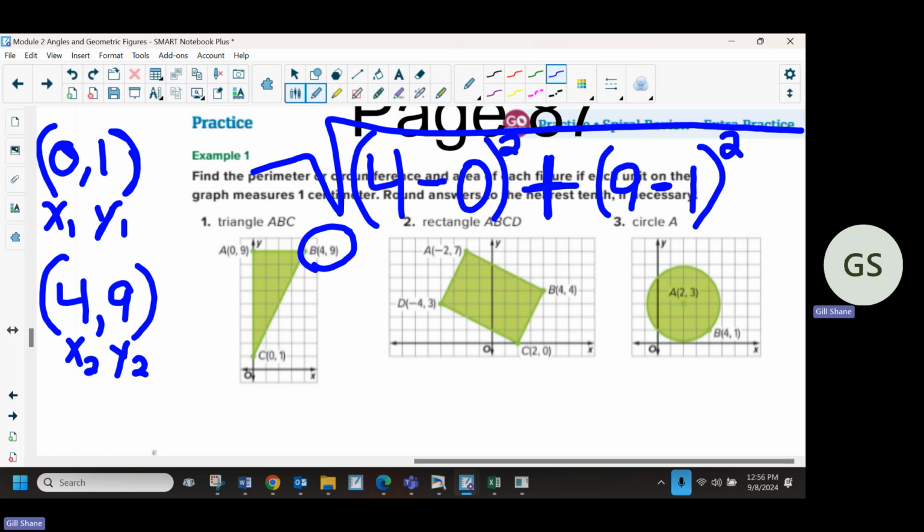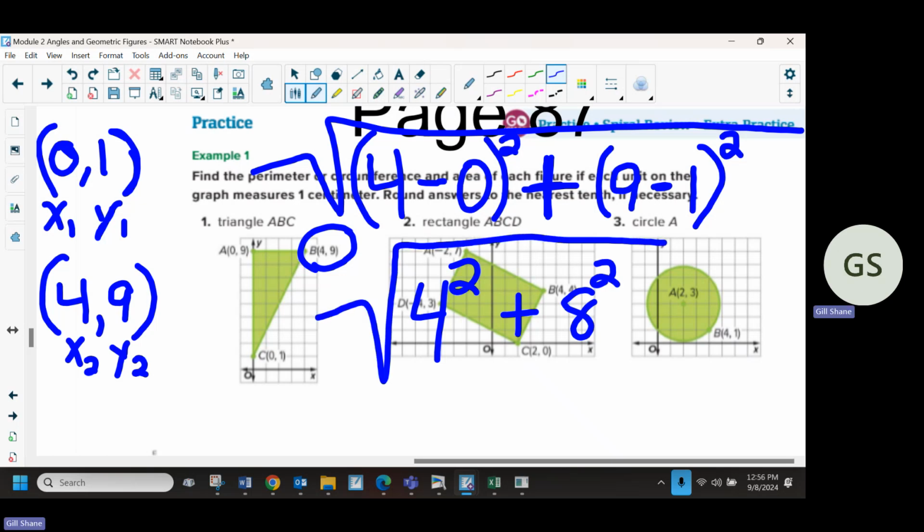And I square it. So again, you'll see we get the exact same numbers we just used. I'm squaring 4. I'm squaring 8. Don't forget about that. So I would again have the square root of 16 plus 64, which is 80. You get the same thing.